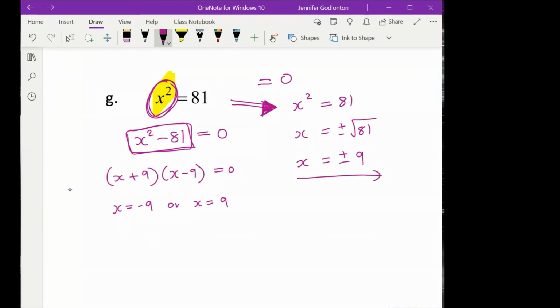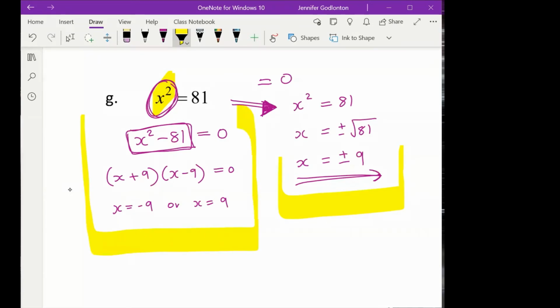If you think you're not going to forget that there's a positive and a negative, then it's absolutely fine to do it this way on the right. But the way on the left ensures that you're not going to forget that there are two different answers. The way on the right is a little bit quicker, but sometimes when we do the way on the right, we forget about the -9, and that becomes problematic.